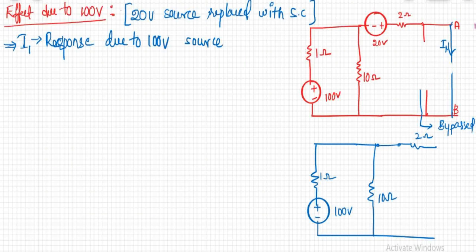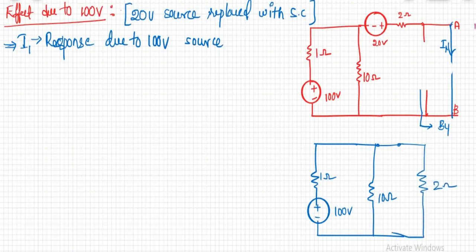Here we are left with a short circuit. Now if you observe, 10 ohms and 2 ohms are in parallel, so I am rearranging the circuit.